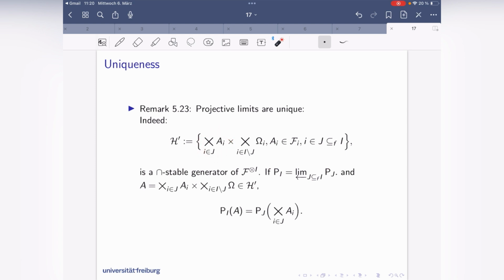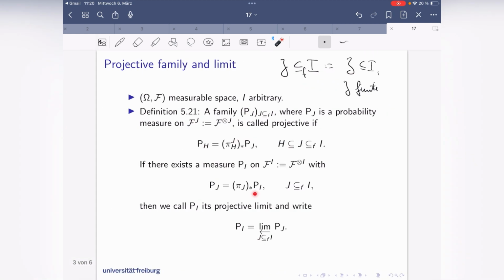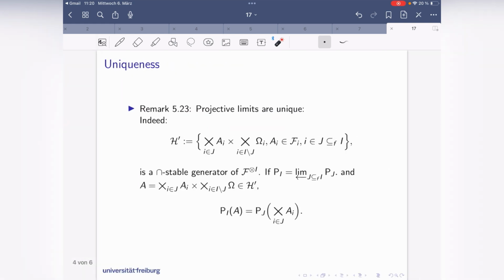So what are we doing here? J is a finite subset of I. You take for a finite index set some A_i in F_i, and for all the rest you take the whole space. Well, on such sets, what does Pi do? Pi is defined by the property that Pi projected down to j equals Pj.